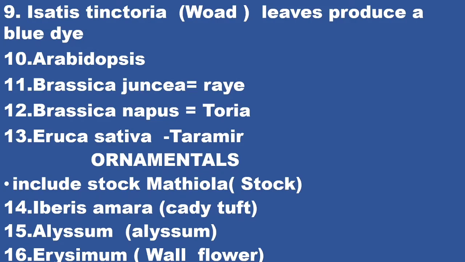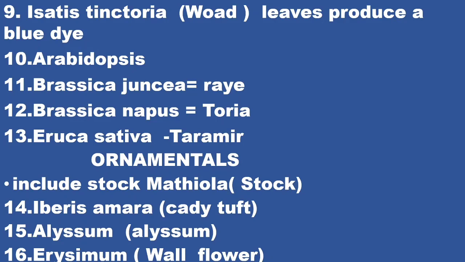And Eruca sativa is taramira. Ornamental plants include Stock, Matthiola, Iberis amara, candytuft, Alyssum, Cheiranthus, that is the wallflower. So this is the economic importance of this family.